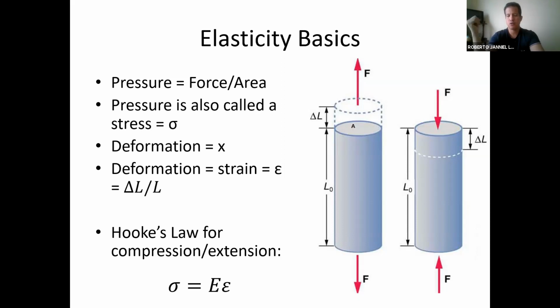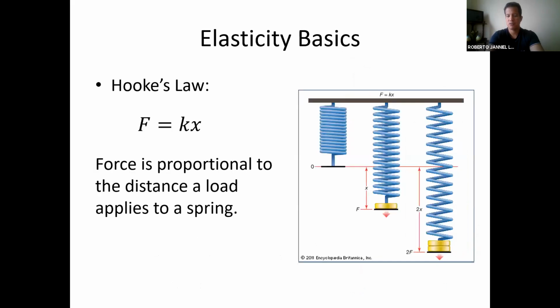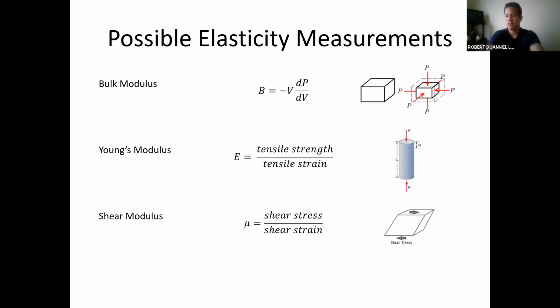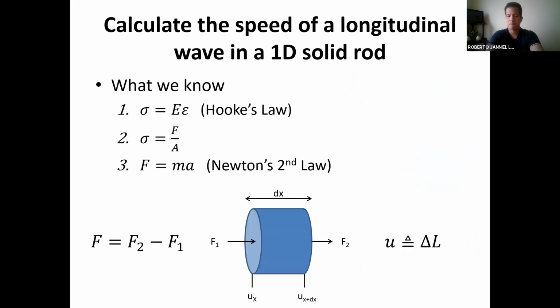So again, it's the usual thing, right? You have your stress sigma, which is going to be equal to the deformation or the strain, multiplied by your modulus of compression, which is what we define here, the Young's modulus.